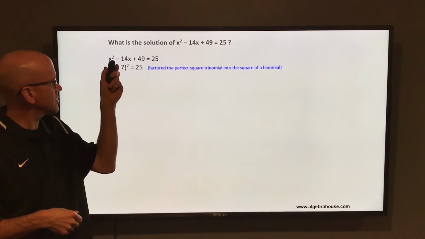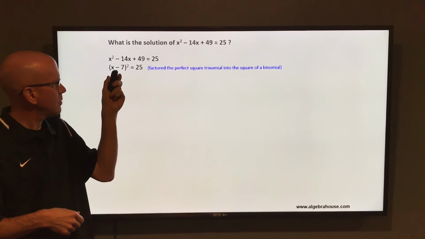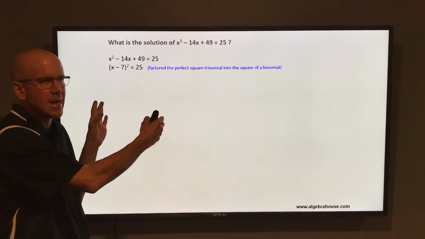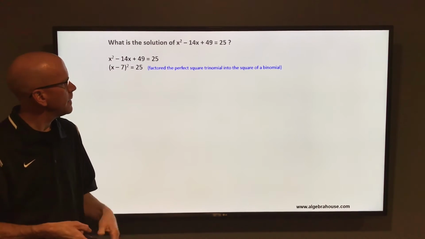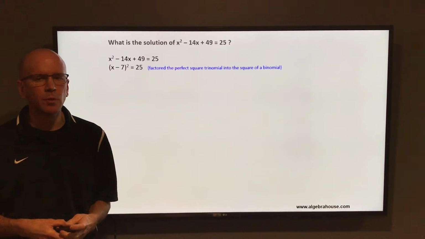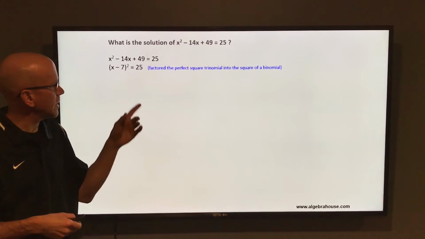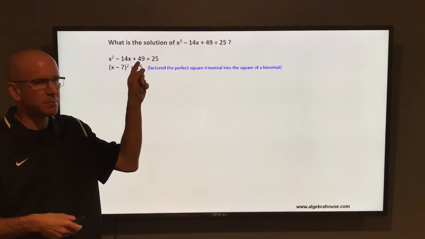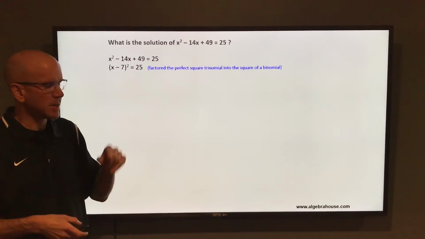If a squared is x squared, then a, the first term of this binomial, is x. This factors into the form of a minus b squared. If b squared is 49, b, the second term of the binomial, would be the square root of 49, and that is 7. And since it's in the form of a squared minus 2ab plus b squared, put a minus sign in between those terms.